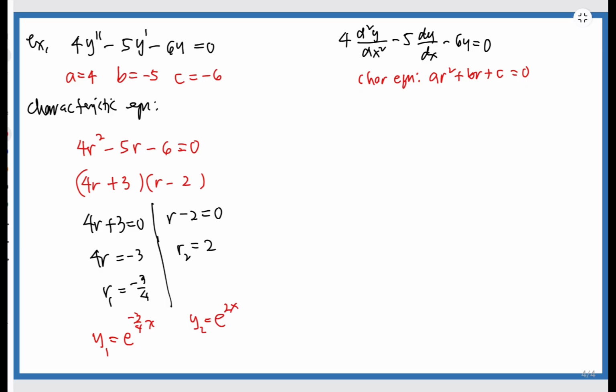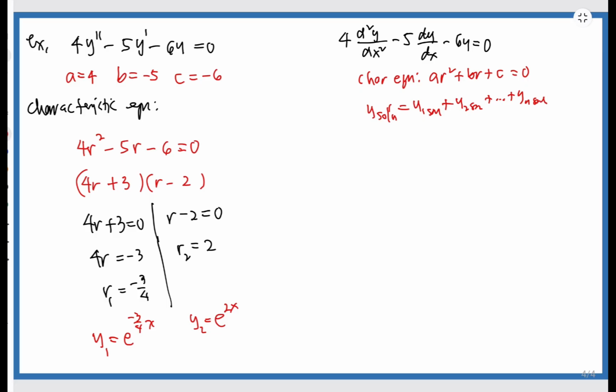One property of differential equations is that the sum of two solutions is also a solution. We can actually show it, but it would take time, so we'll just accept it as fact. So y solution is equal to y1 plus y2 plus yn.